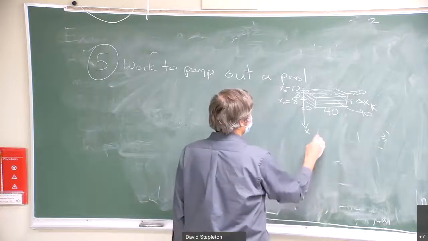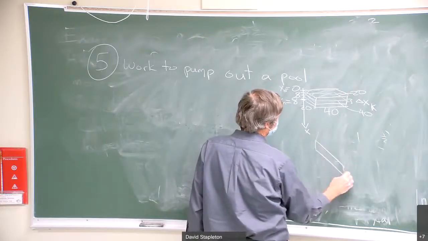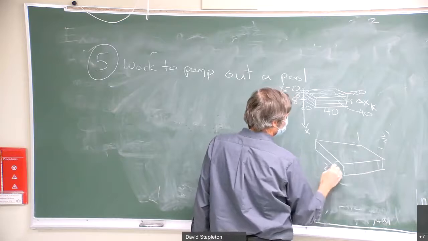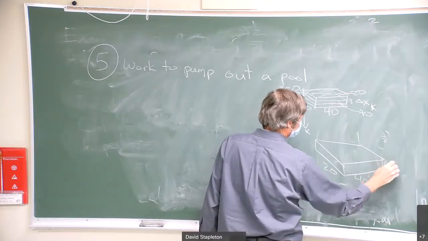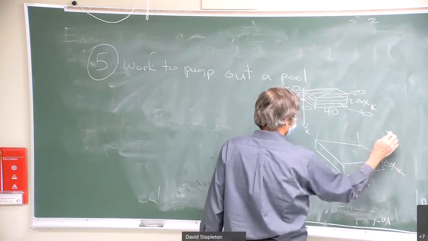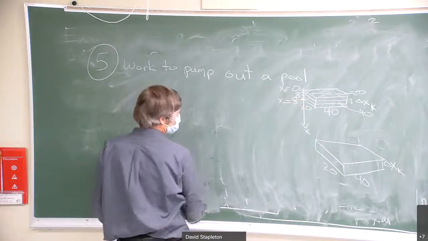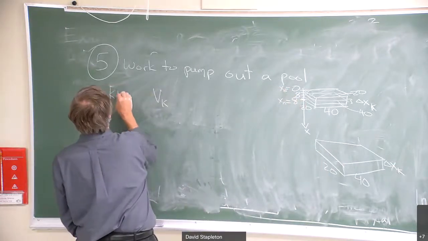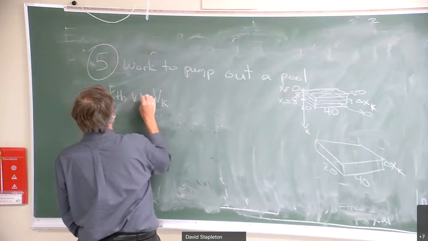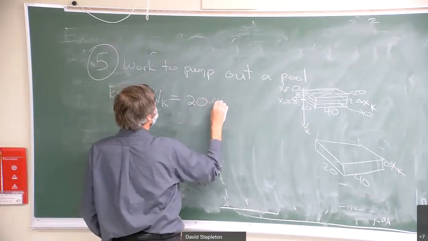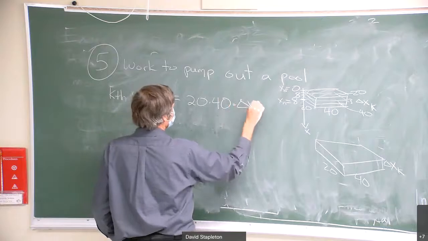And so if you pull the slab out, 20 by 40 by delta xk is its volume. So the volume of the kth slab is Vk equals length times width times height, 20 times 40 times delta xk. You find the volume.